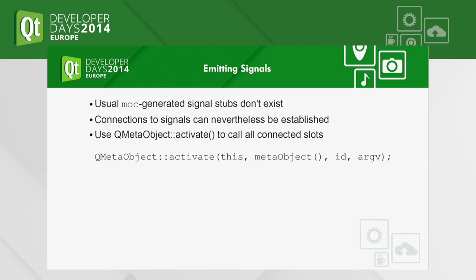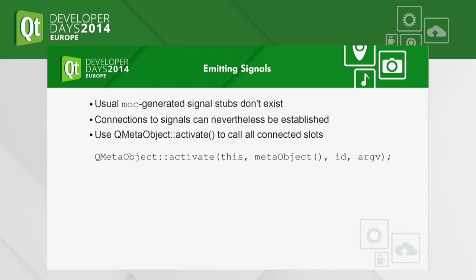And the way to do this is, again, an undocumented function, QMetaObject::activate. You give it the specific instance of the QObject, you give it the QMetaObject, you give it the index of the method or the signal, which you can look up in the QMetaObject, and then a void pointer array to the arguments of that signal.